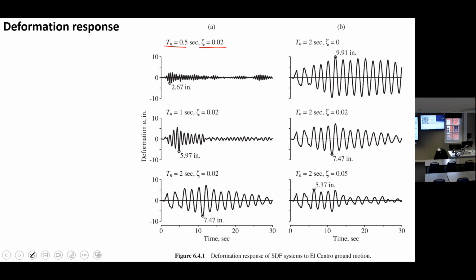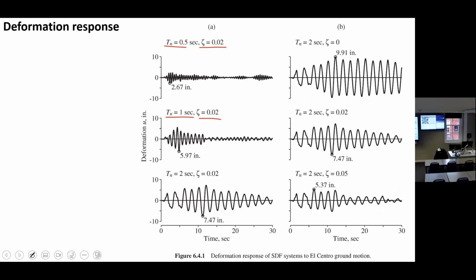Any kind of single degree of freedom system can be represented by a natural frequency and damping. And you can see if your system changes, like this is another single degree of freedom system, the response will be changed, although the damping is kept at 2%.